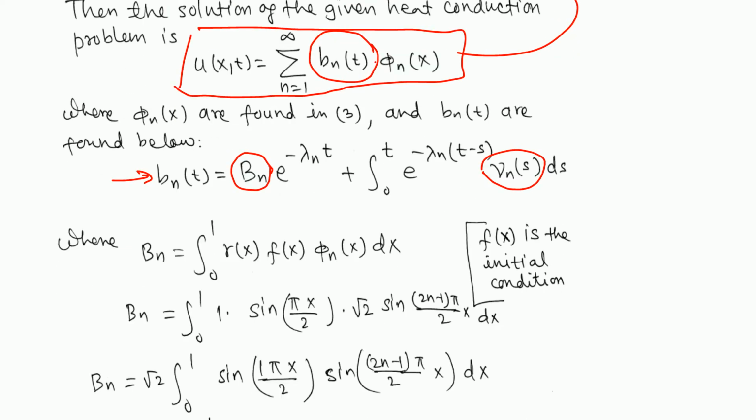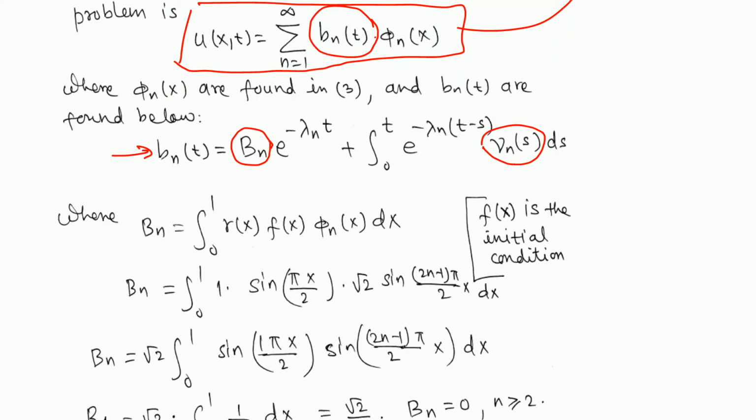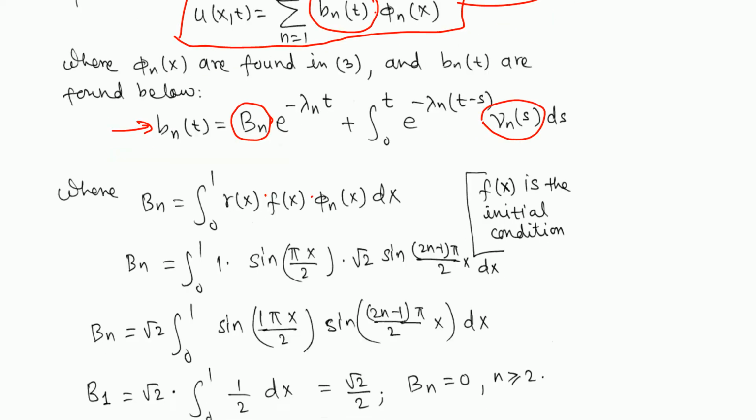Again, the b_n's are given by this formula that we derived in class: the integral of r times f times phi_n(x) dx. R is 1 and f(x) is the initial condition given in the question, u(x,0), which is sine of pi x over 2, and phi_n are the normalized eigenfunctions. Now we need to integrate this.